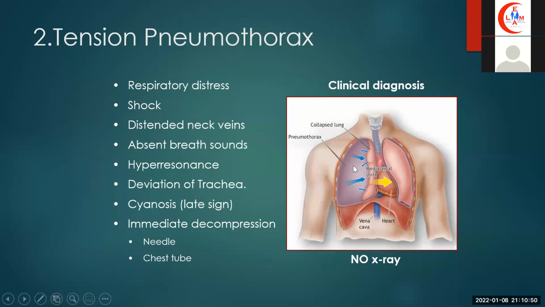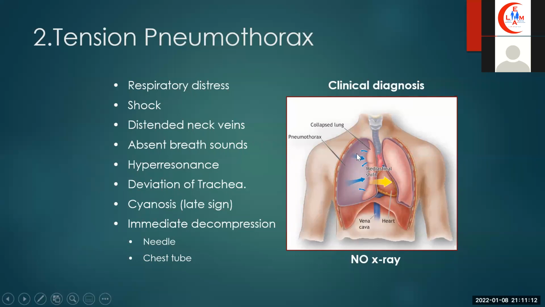But if you don't have an ultrasound and you think the patient has tension pneumothorax, you should do immediate decompression by needle decompression. You insert a large-bore needle in the 5th or 6th intercostal space, just anterior to the mid-axillary line.